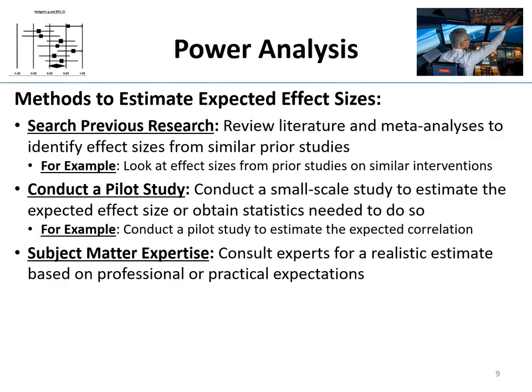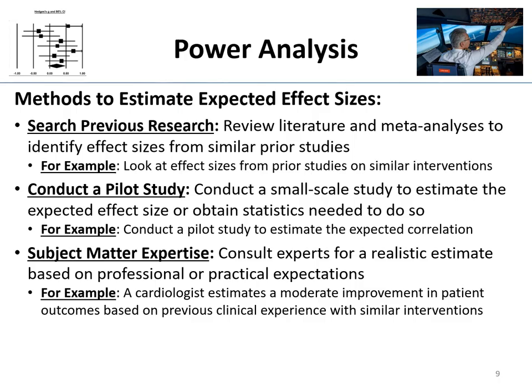For example, if you're doing a study regarding health, you could talk to a cardiologist and find out that they estimate a moderate improvement in patient outcomes based on their previous clinical experience with similar interventions. So you would say, well, I expect a moderate outcome based on my study of this intervention.